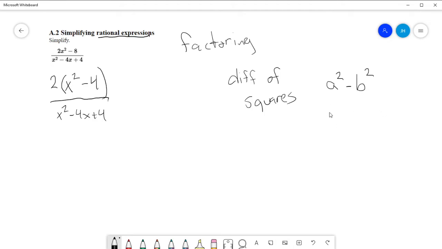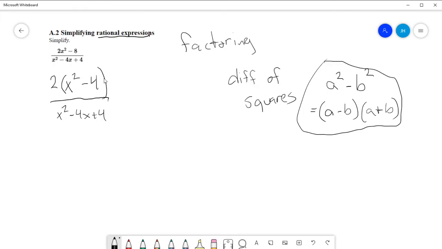It can always be factored into a minus b times a plus b. This is always true, right? In the case of x squared minus 4, that is x squared, and 4 is 2 squared, right? So this would factor further into 2 times x minus 2 times x plus 2. And we'll leave the bottom for now as well.